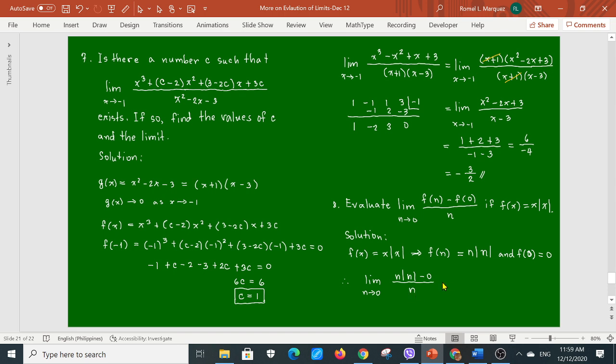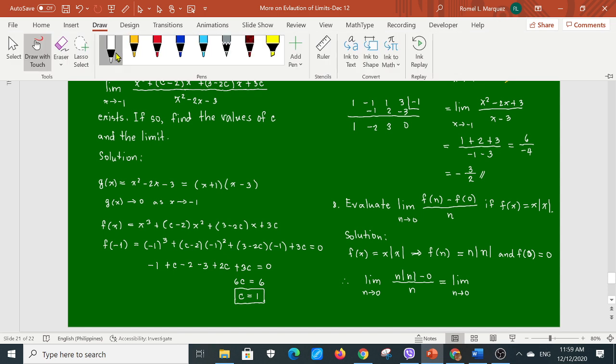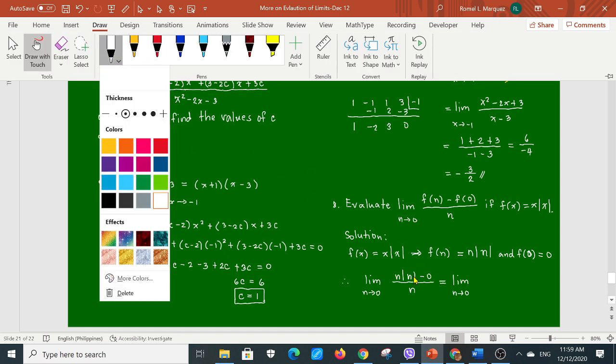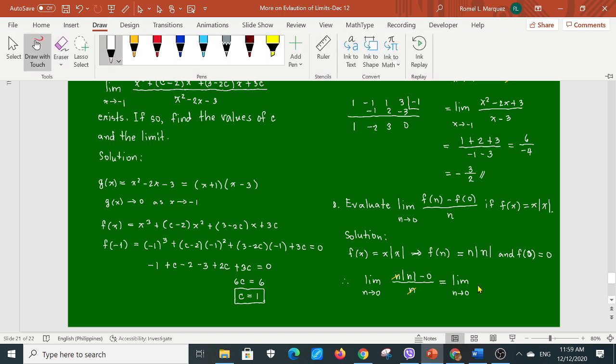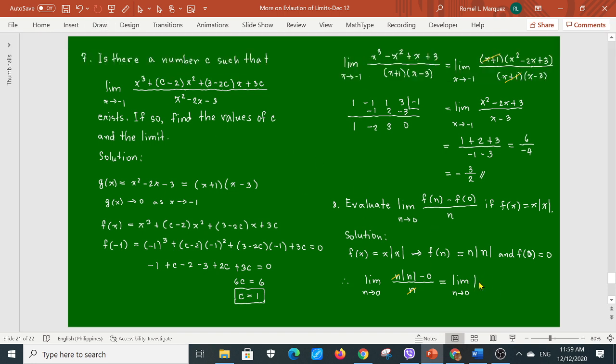Right? So, we can simplify this. Limit as n approaches 0, I can cancel out n, because the second term in the numerator is 0. So, n absolute value of n over n, I can cancel this.